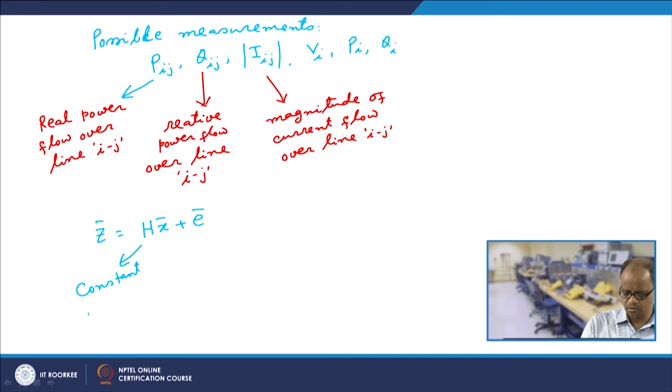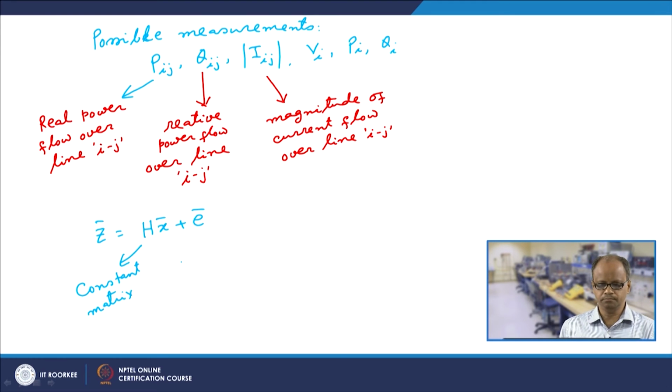Why? Because all these equations were linear, since we took a very simple DC circuit, and in any DC circuit any measured quantity can be expressed as a linear combination of the unknown states.